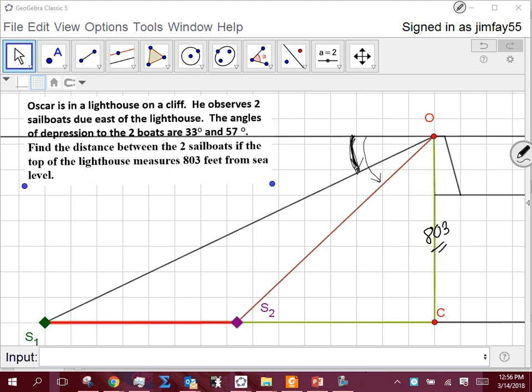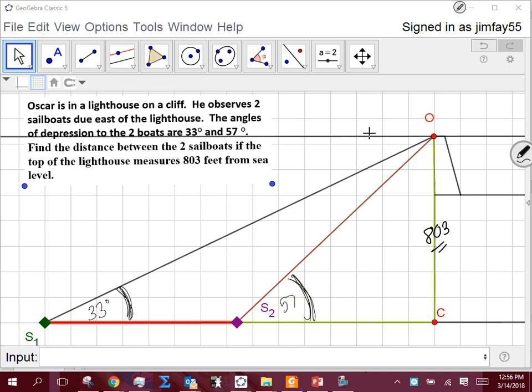And that's the line of sight going to the sailboat, correct? So could I say that that is also 33? So that angle of depression is 33. So is that angle of elevation. If this angle of depression is 57, what's that? 57.